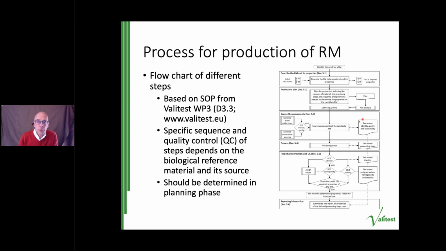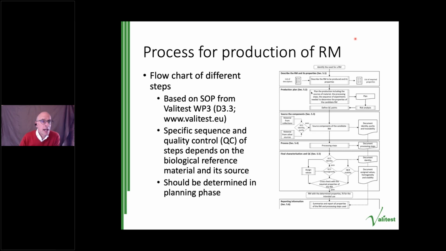This is a figure also designed by Tanya, and it's based on the standard operating procedure we developed within Work Package 3. And again, that deliverable is also available at the Work Package 3 page of the VALITEST website. You can download it. That figure is slightly different from this one you see, although it also describes the process of producing reference material with different steps.